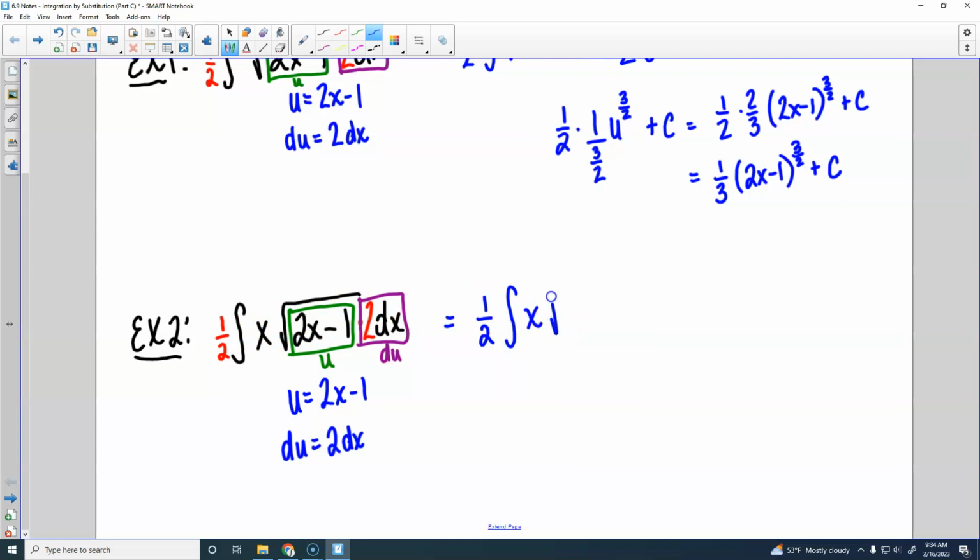I've got square root of u du. And for me to integrate this, everything has to be in terms of u. I cannot integrate this with an x and a u in the problem. So this x right here is an issue. I need x to become some sort of u. Any ideas on what we could do?